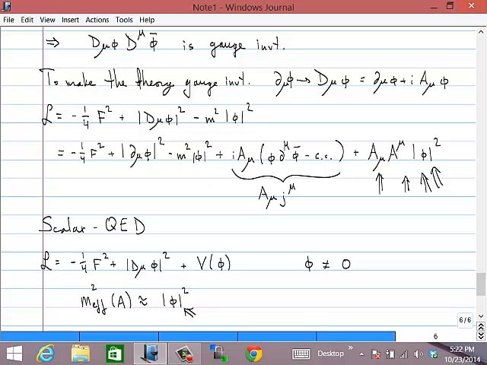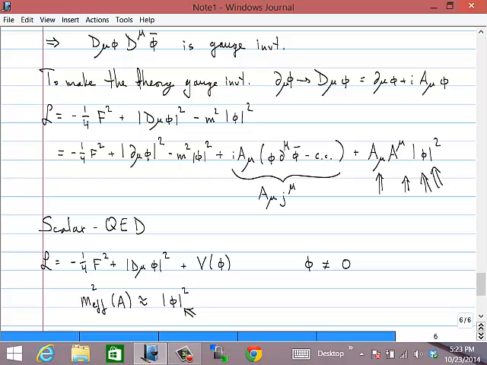And their mass is set by the value of the scalar field where the potential is minimized. In that case, the scalar field is the Higgs particle, which was just discovered last year. And the masses of these gauge fields are quite heavy.